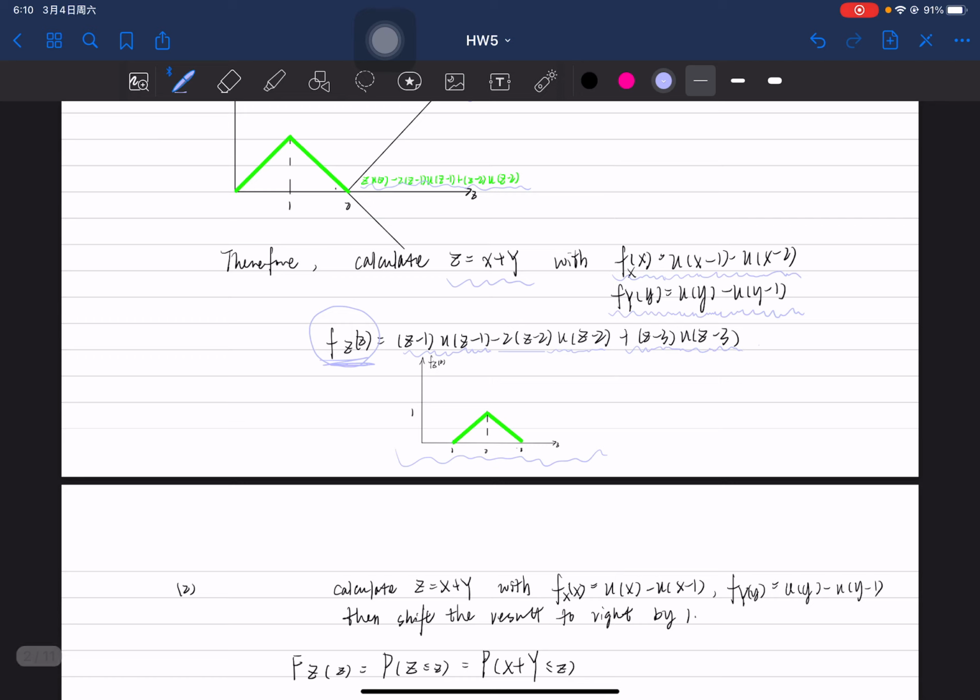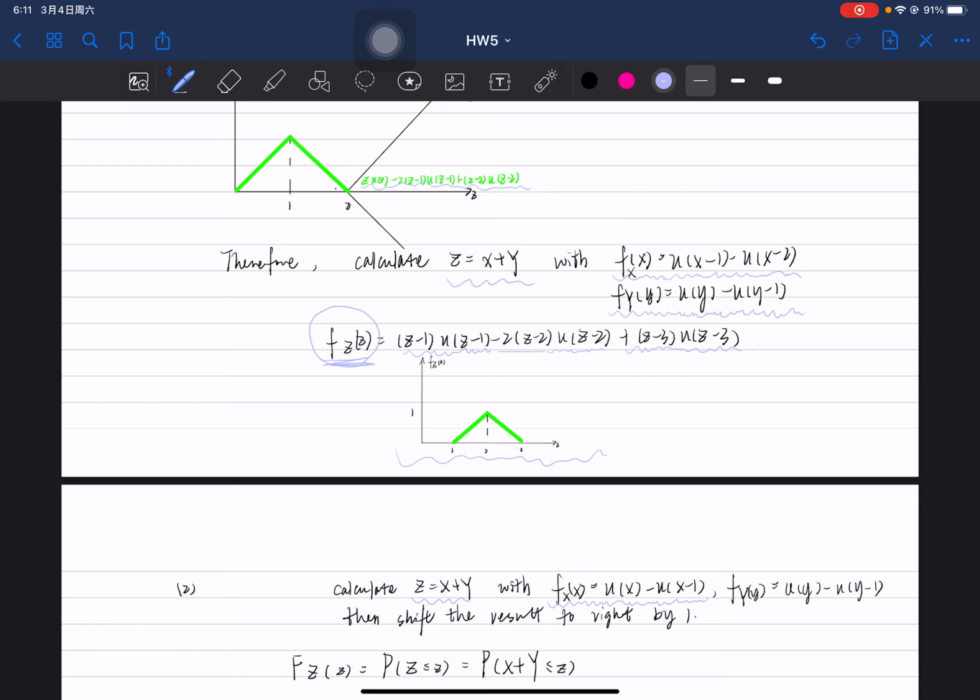For the geometric method, again, we first calculate the density function of Z for Z equals X plus Y with the density function of X equals u(x) minus u(x minus 1).